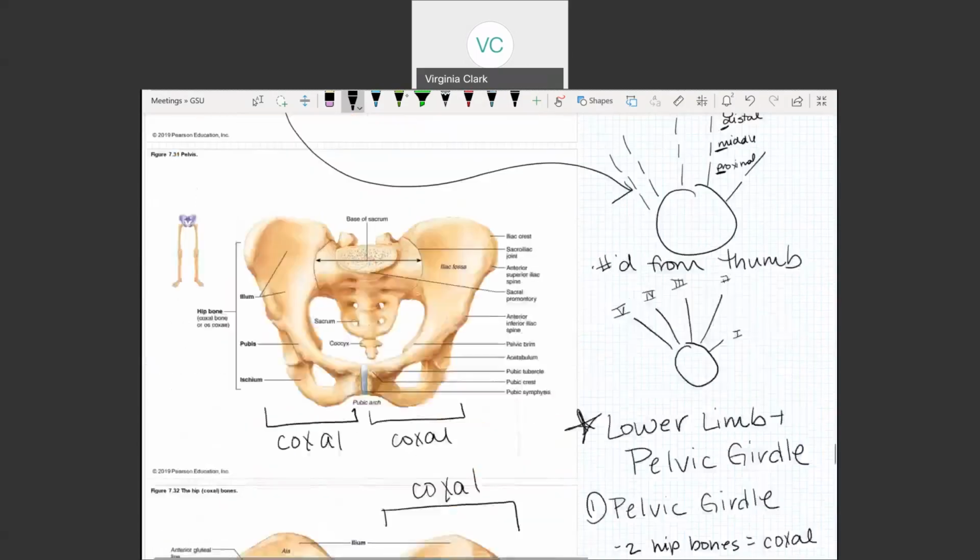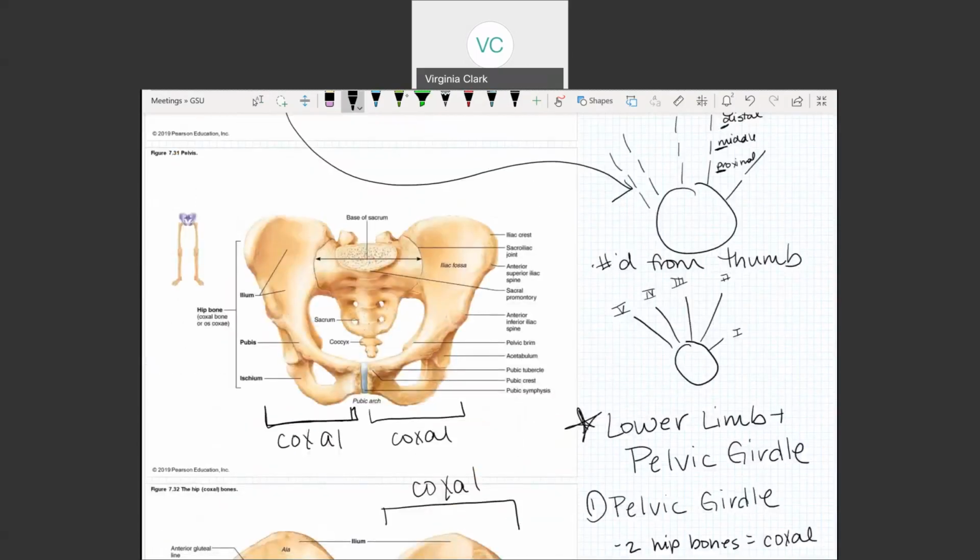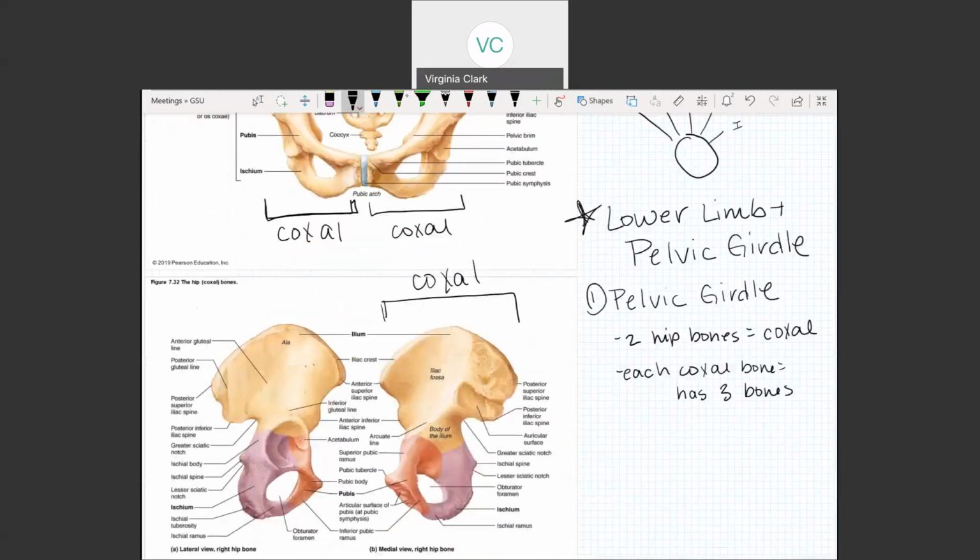If this is 1 coxal bone, inside this bone there are 3 bones, and you can see them here. They are going to be the pubis, the ischium, and the ilium.